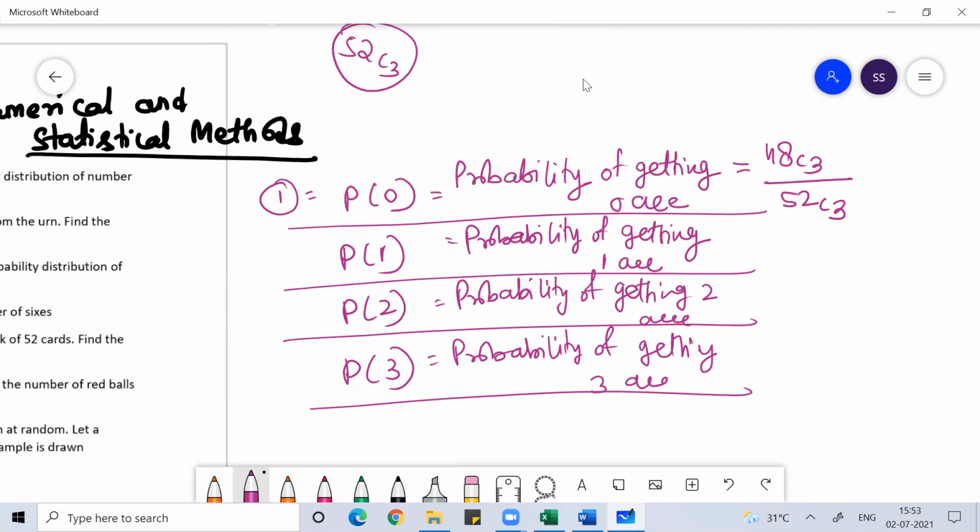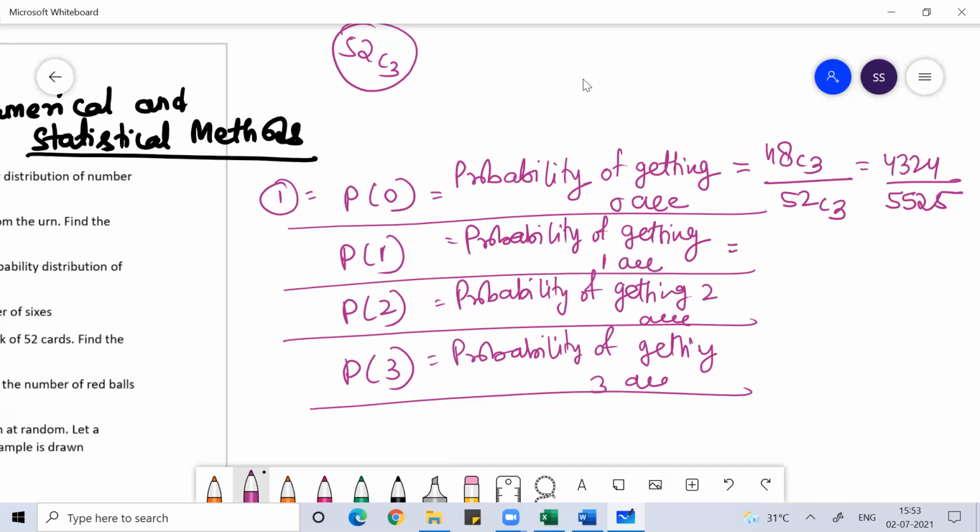So you understood, right? That will multiply, that will give us the answer. That is another way I can say, that is equal to 48C3 by 52C3. So you will get around 4324 divided by 5525.